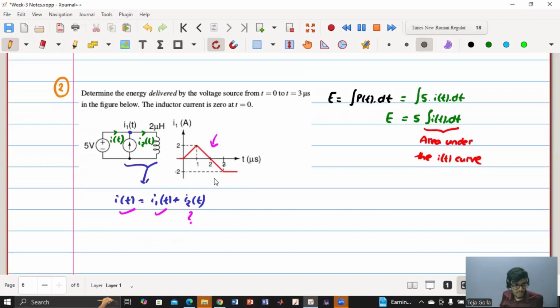I know the VI characteristics of inductor, right? So voltage across inductor is equal to L into di by dt, right? di2 upon dt.